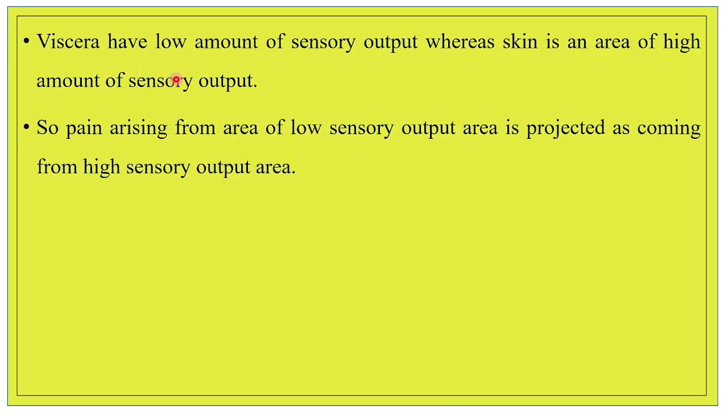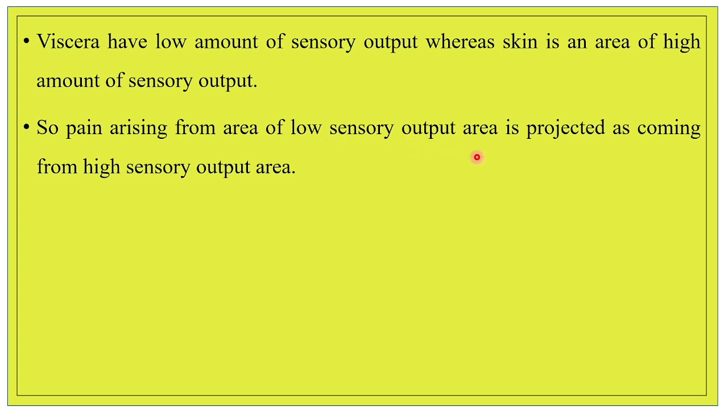Viscera have a low amount of sensory output, whereas skin has a high amount of sensory output. So pain arising from an area of low sensory output is projected as coming from an area of high sensory output. The pain arising from the heart, the viscera, which has less sensory output, is projected to the referred pain area over the medial aspect of the arm or forearm, which is skin with a high amount of sensory output.